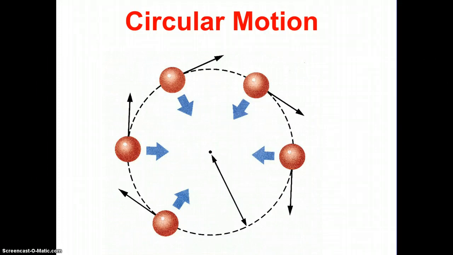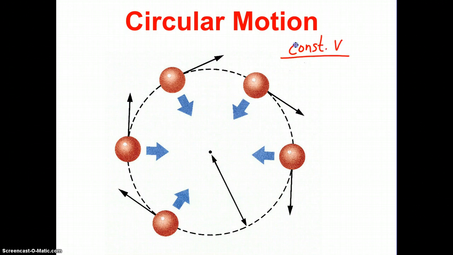This diagram shows an object traveling in a circular path. We can consider this to be the top view of an object traveling in a circle. And we're going to say that our object here is traveling at constant velocity v.